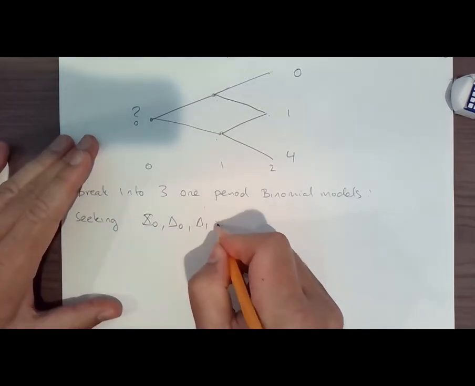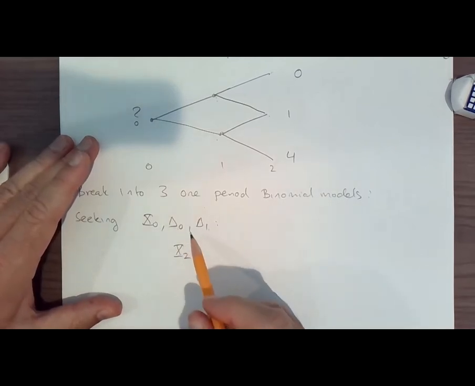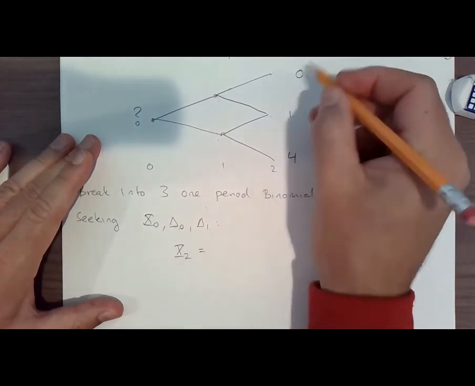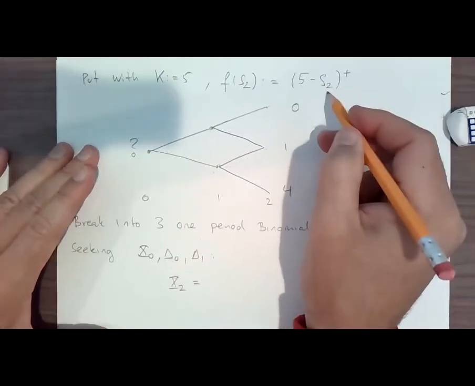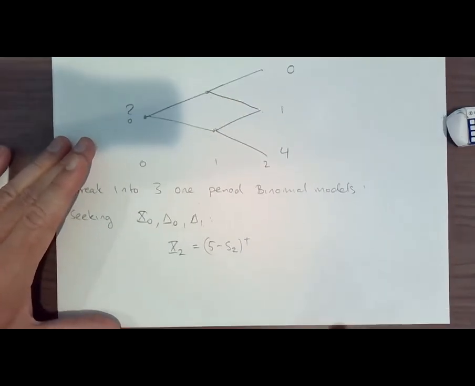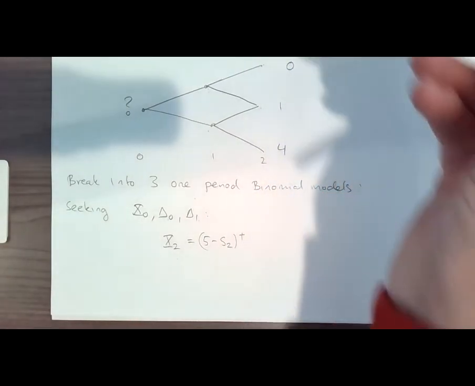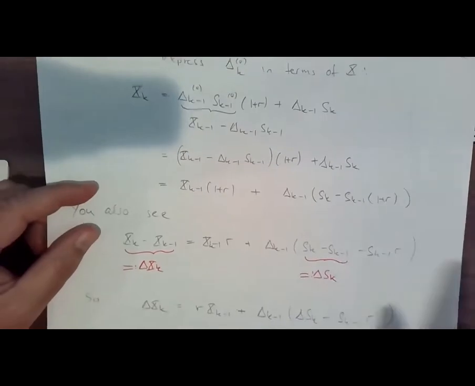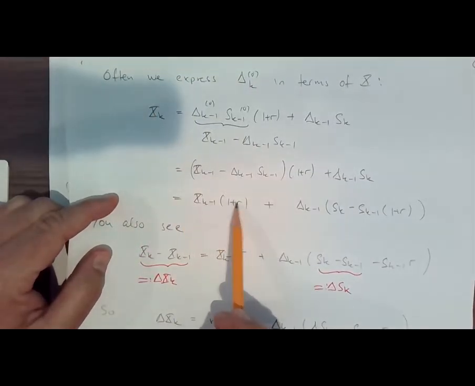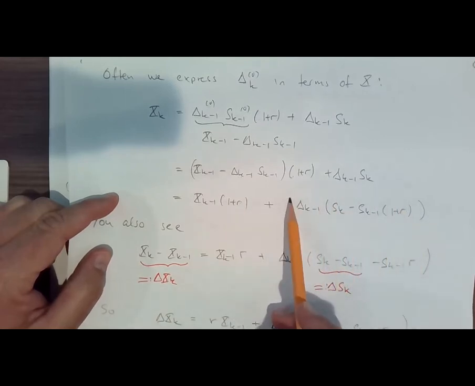Well, the replicating property is that my wealth out here at the end at time 2 is exactly equal to this payoff. That was 5 minus S2, positive part. And so I'll use one of the formulas from before, the one that says that my wealth at time 2 can be written in terms of the wealth at time 1 plus this stuff over here.